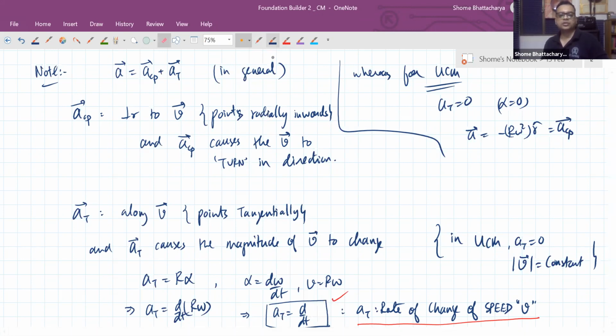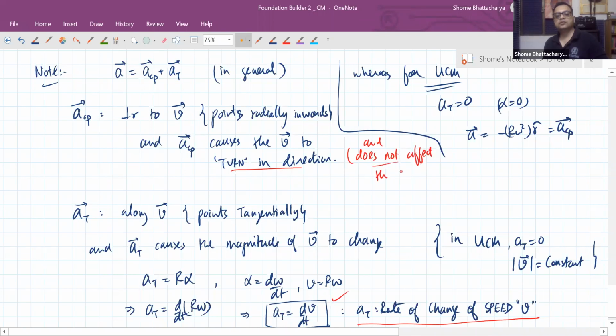Whereas centripetal acceleration does not affect the speed, it only turns the direction. It causes the velocity vector to turn in direction and does not affect the speed or magnitude of v. That is why in uniform circular motion we have only centripetal, because the speed remains constant, only the direction is changing. So each component of acceleration has a job to do.